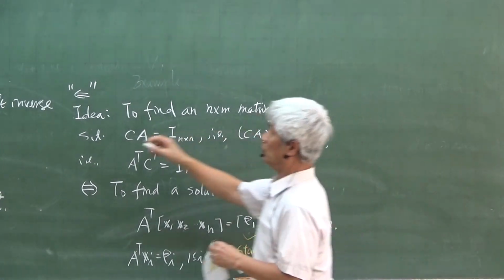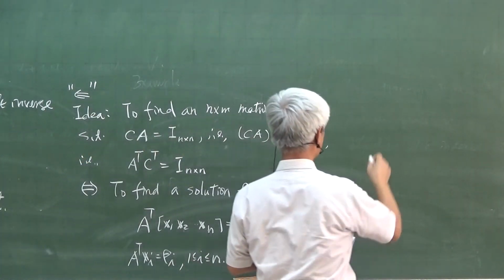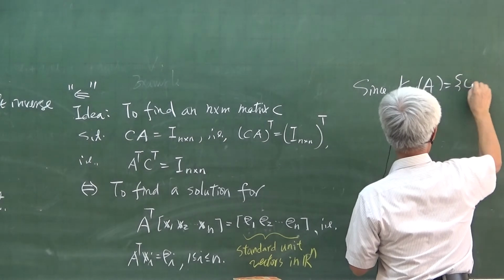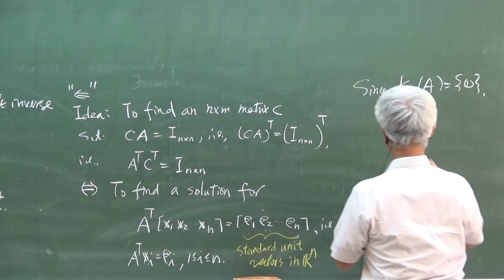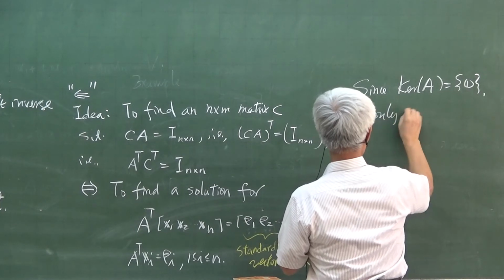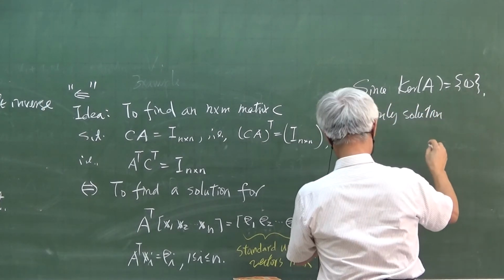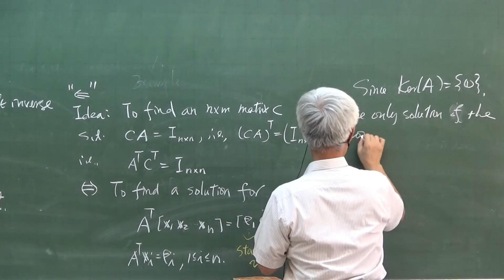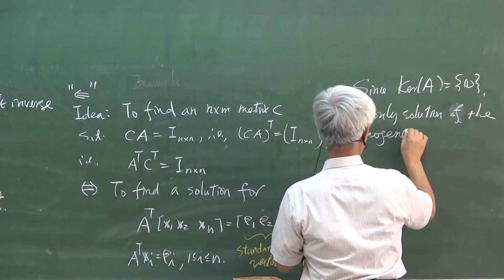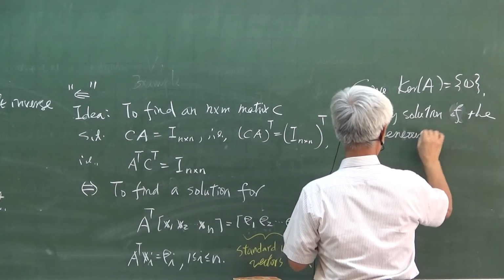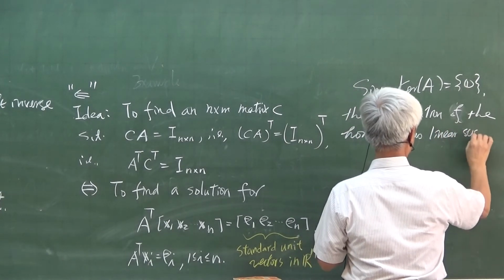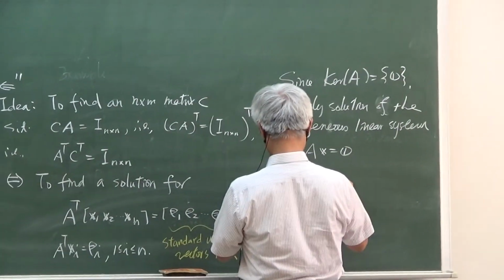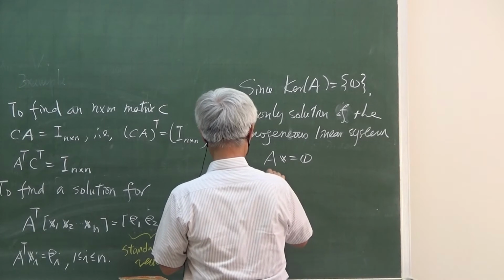All right. So what we have is that the kernel is trivial. Since the kernel of A is trivial, the only solution of the homogeneous linear system Ax equal to 0 is x equal to 0.